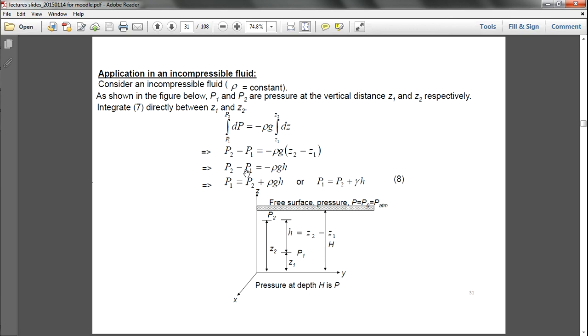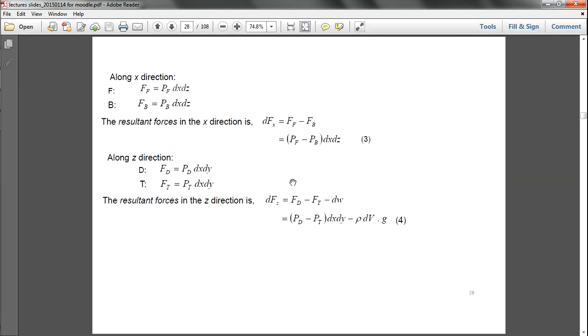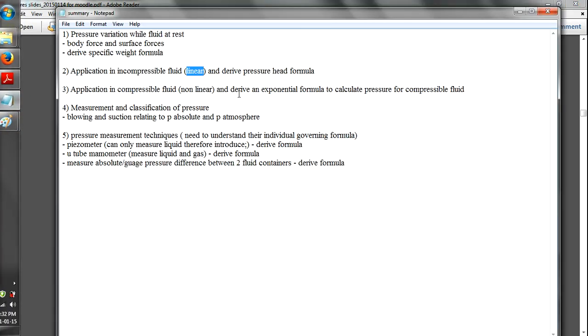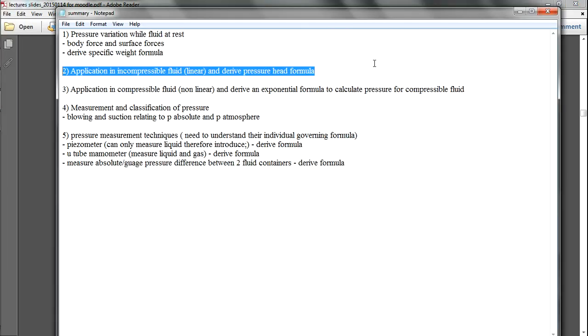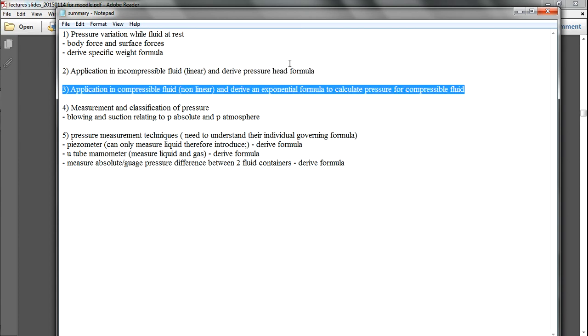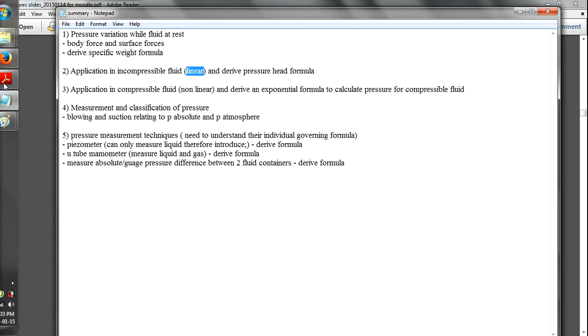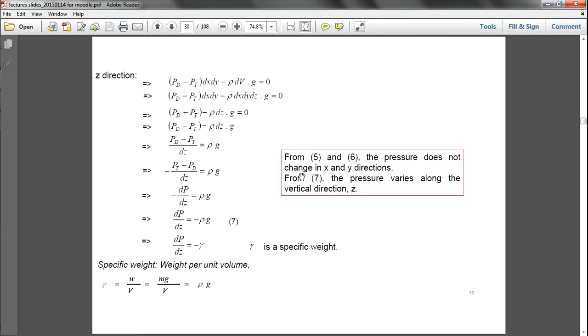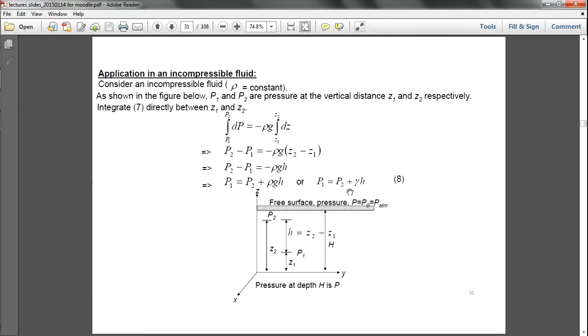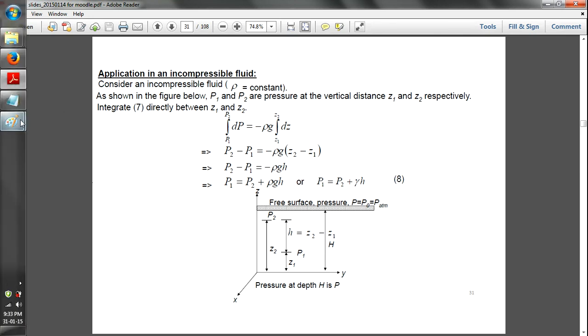And then for what we have told earlier, we are dealing with incompressible and compressible fluids. Incompressible fluid is linear, and it goes by the equation rho1 equals rho2, and p1 equals p2 plus rho g h.